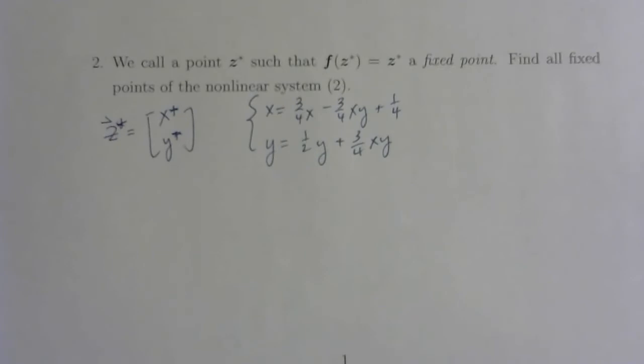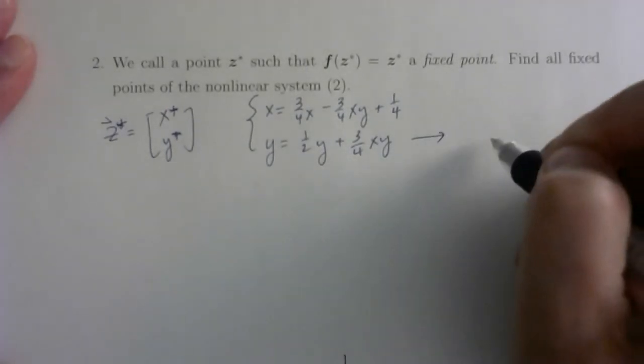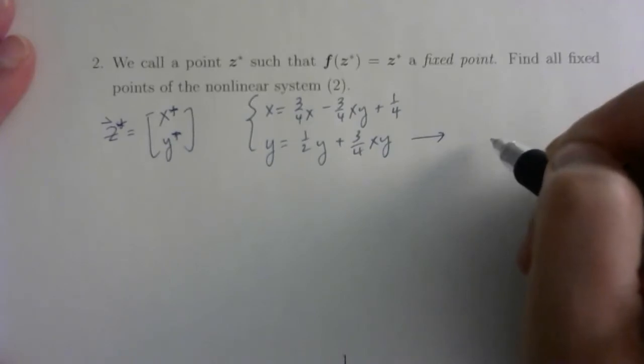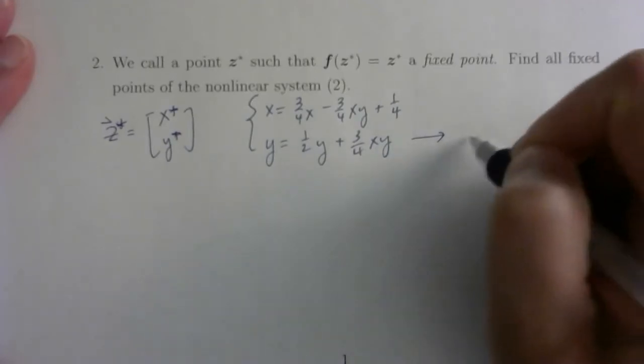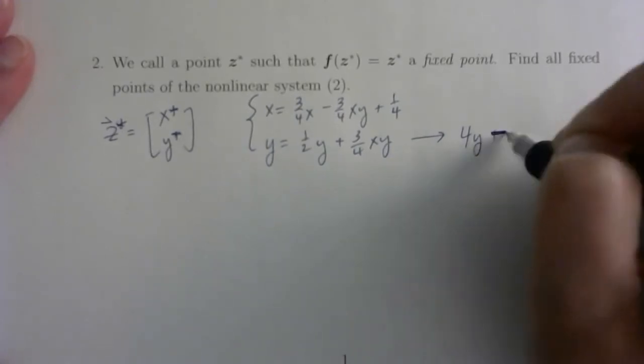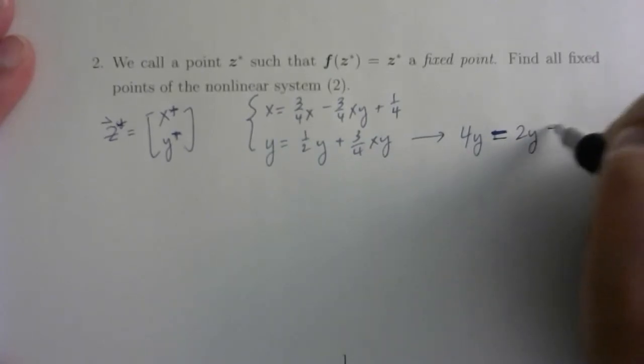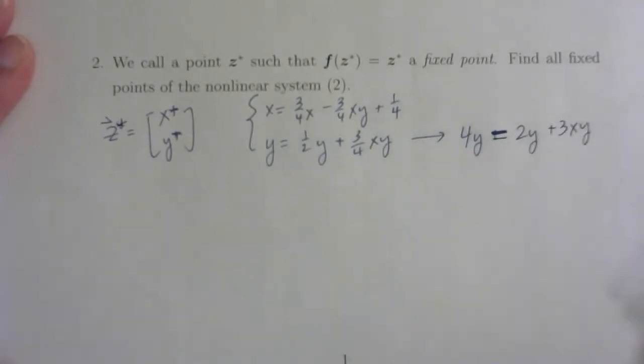Maybe the second equation is easier, or like a little more tractable here. So let's look at that guy first. So this equation, let's see, if I multiply everything by 4, that might make our lives a lot easier. 4y, I guess we'll say, is equal to 2y plus 3xy.